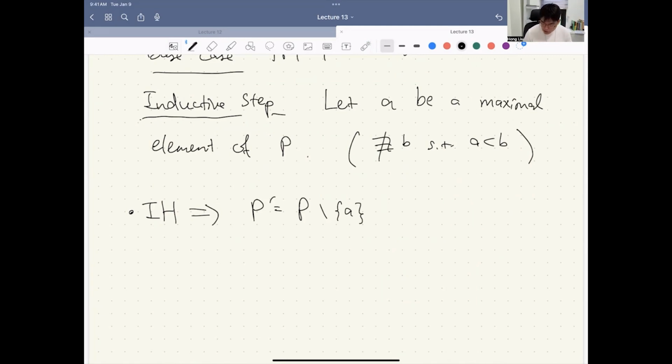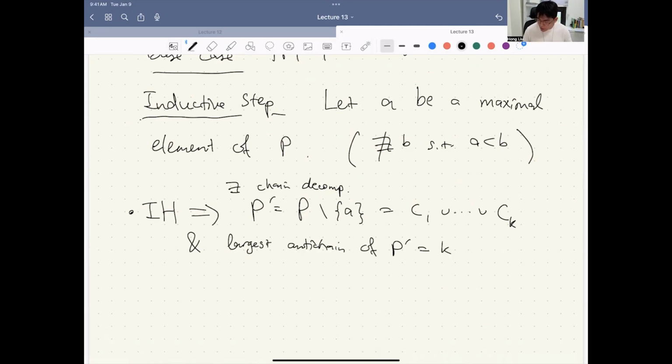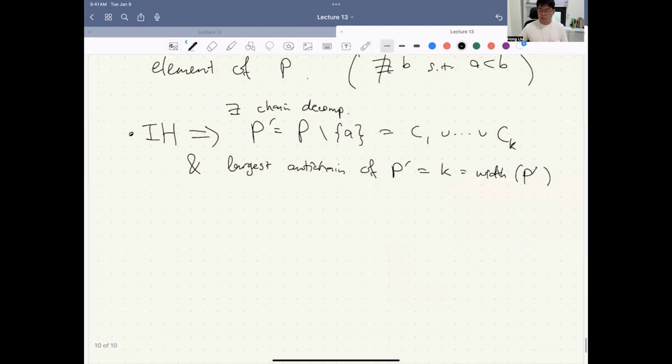So there exists a chain decomposition equal to C1 union through CK for some K, and the largest anti-chain of P prime is also K. The width of P prime is K. This is the induction hypothesis. You have the duality.